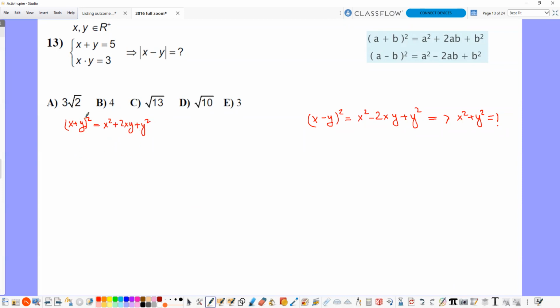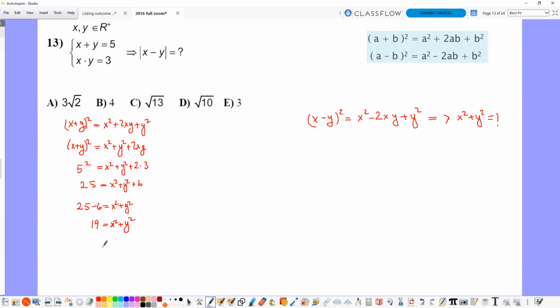Because I know x plus y squared is equal to x squared plus y squared plus 2xy, and x plus y squared is equal to 5 squared, which is equal to x squared plus y squared plus 2 times 3. 25 is equal to x squared plus y squared plus 6. So 25 minus 6 is equal to x squared plus y squared. So here 19 is equal to x squared plus y squared.